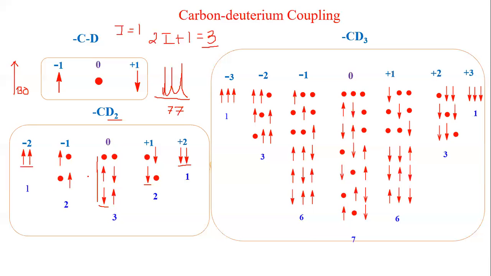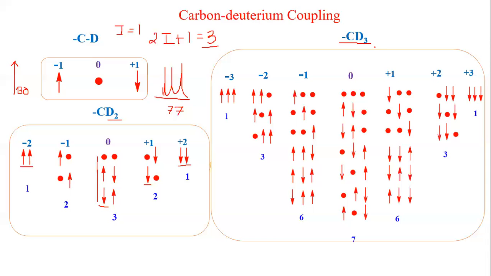Then we have -1 spin orientation also. So now if you check the spin orientations and their possibilities, the possibilities are in the ratio of 1:2:3:2:1. So therefore it will give me a quintet with the line intensity of 1:2:3:2:1.